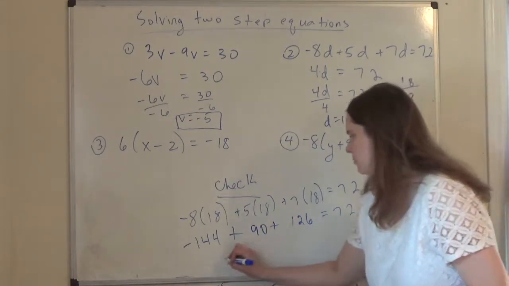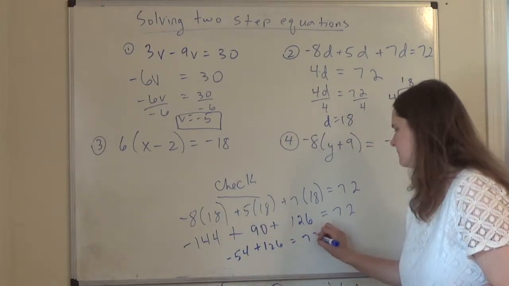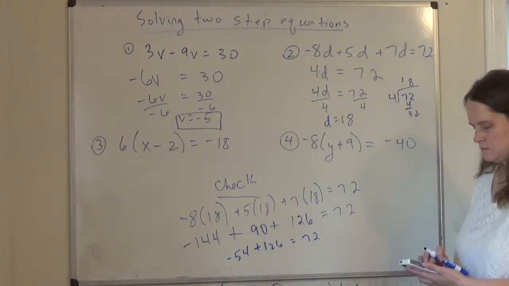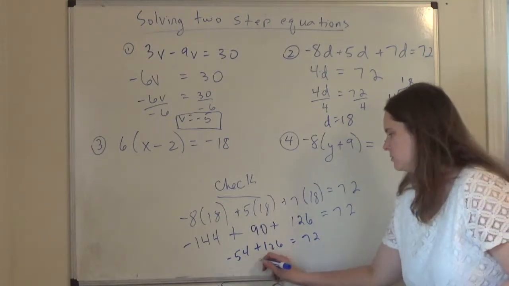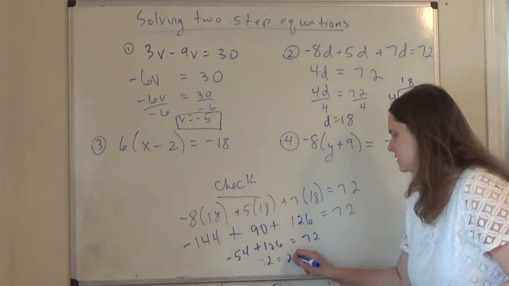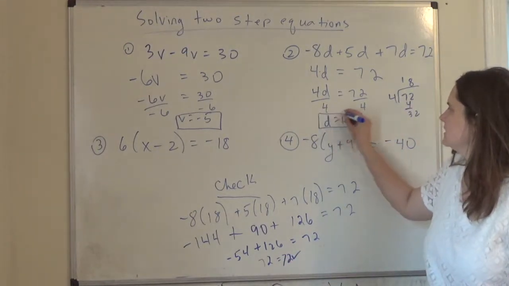That's negative 54 plus 126. And that gives me 72. So this one does check. So my answer to number 2 is d equals 18.